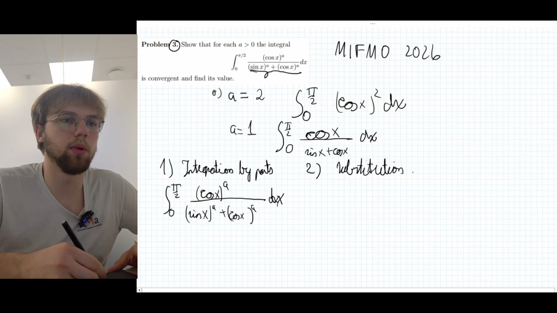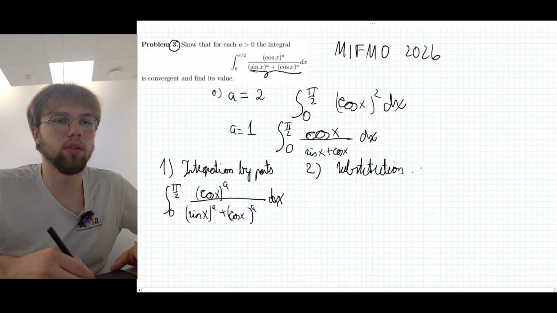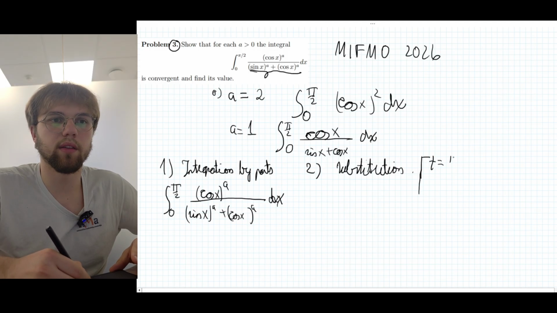I suggest you remember a very common substitution trick, especially for trigonometric functions, which are cosine, sine, tangent: you let t equals pi over 2 minus x.